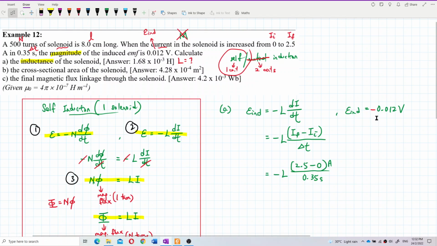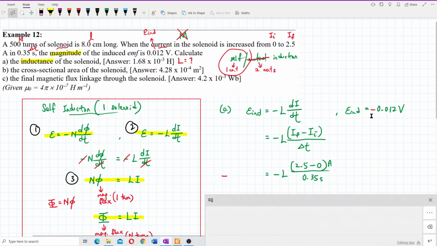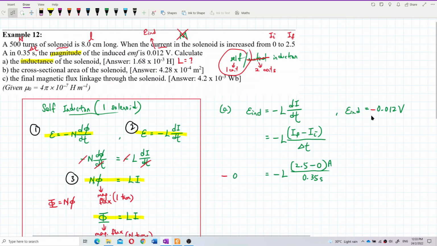So instead of just putting 0.012, you should put a negative sign, negative 0.012 volt. Why do we put a negative sign here? Because later when we calculate L, we don't want L to have a negative sign.